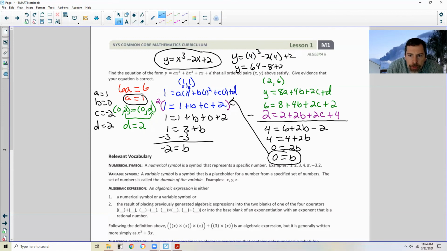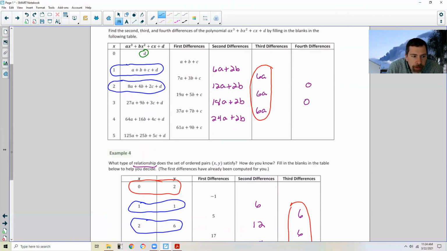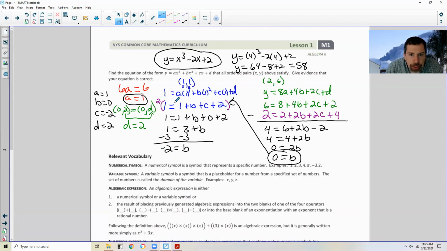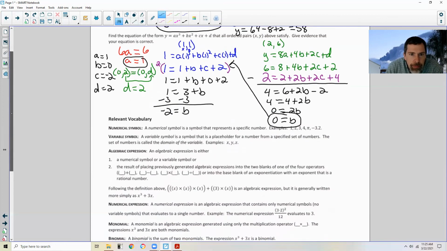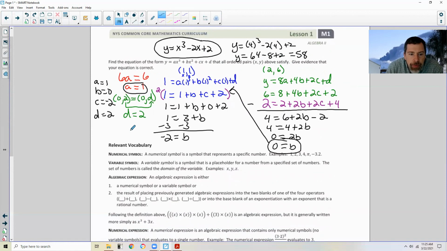Minus 8 plus 2. Well, 64 minus 8 is 56. Plus 2 is 58. And if I go back, I have 58. Okay, so there is the equation for that set of values.